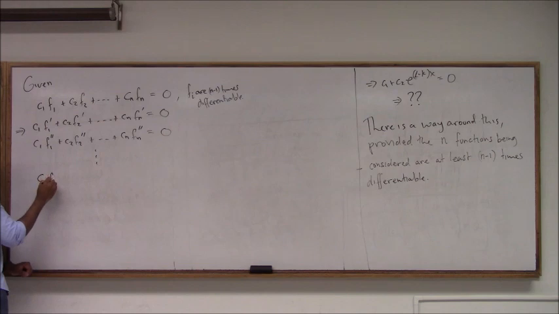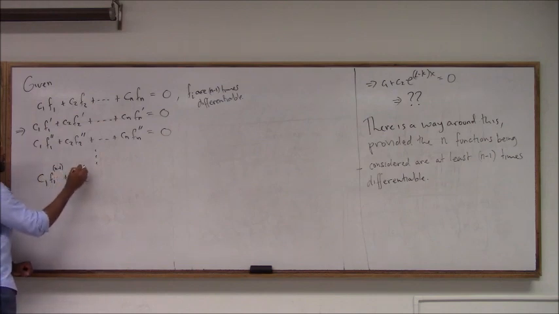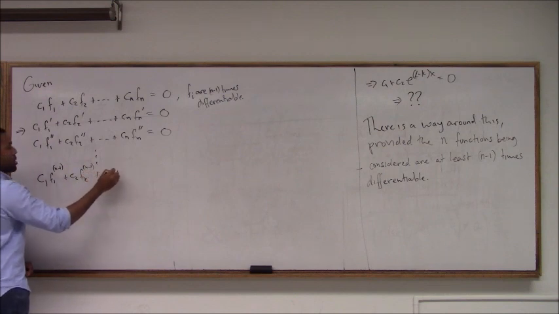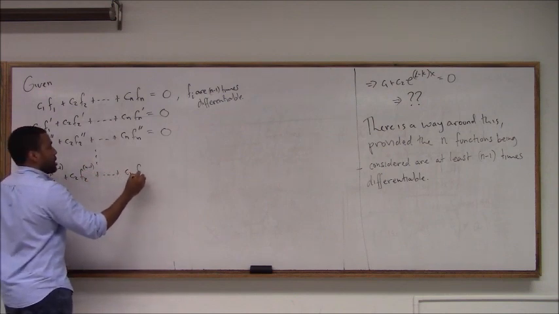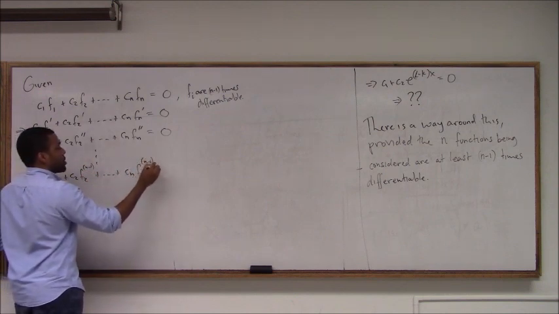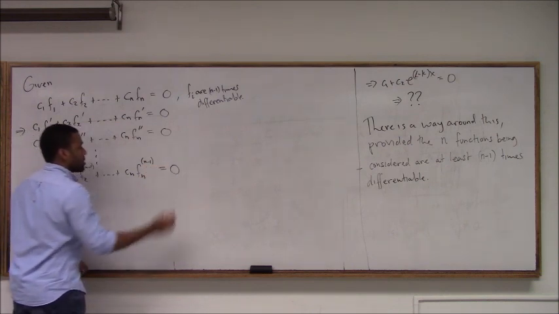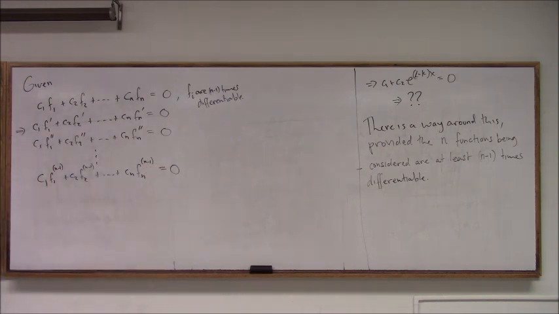So I end up with C1 F1 to the n minus 1st derivative plus C2 F2 to the n minus 1st derivative plus Cn Fn to the n minus 1st derivative. What did I just create? I created a system of equations.